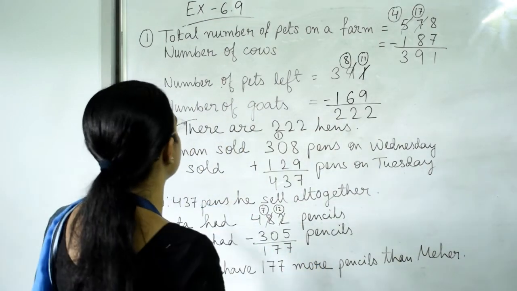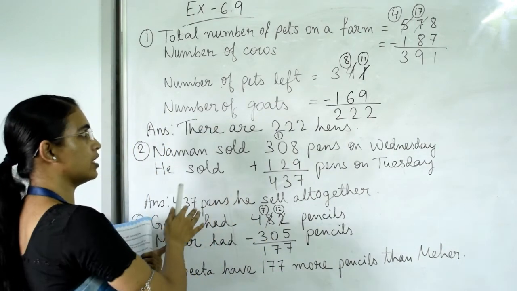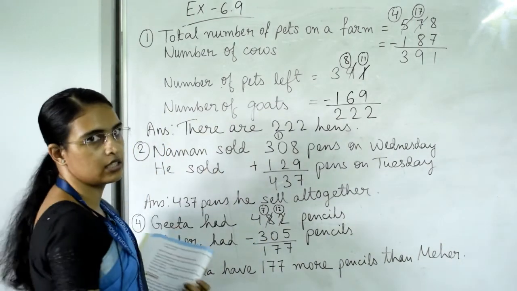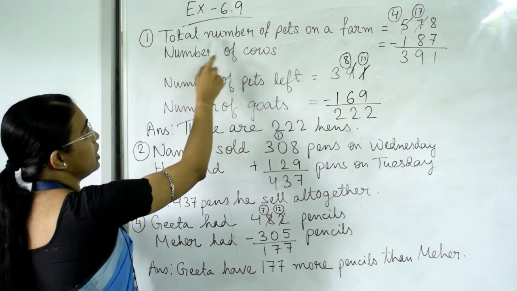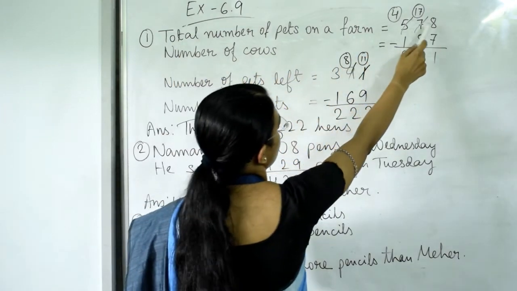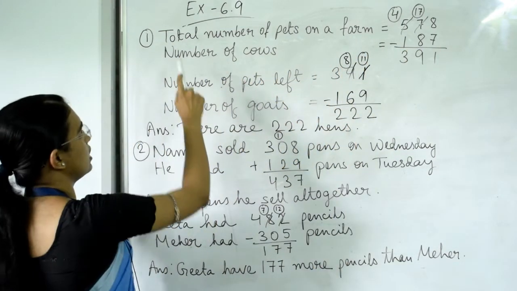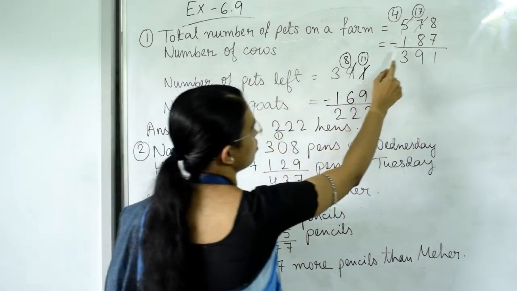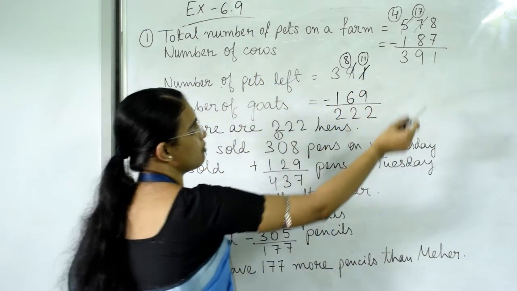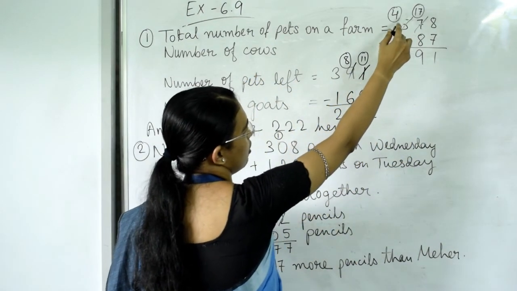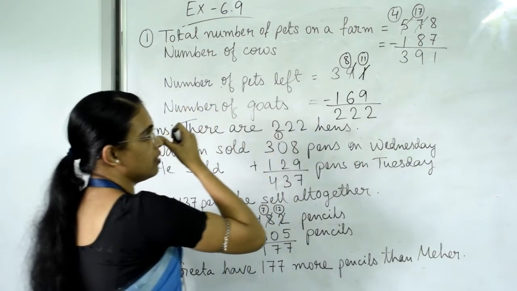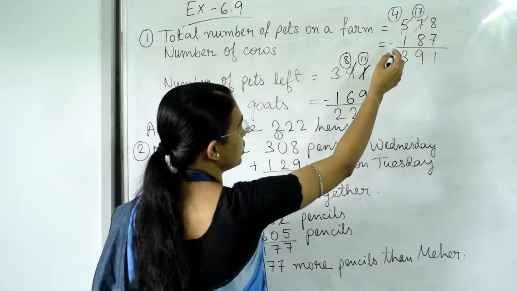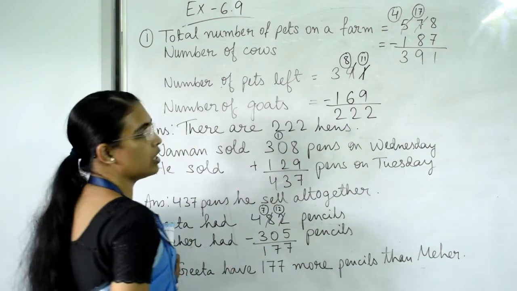So first, this is a word problem sum again, so you have to write in this way. First write, total number of pets on a farm equals 578. Then number of cows equals 187. First we have to subtract the total number of pets with cows.